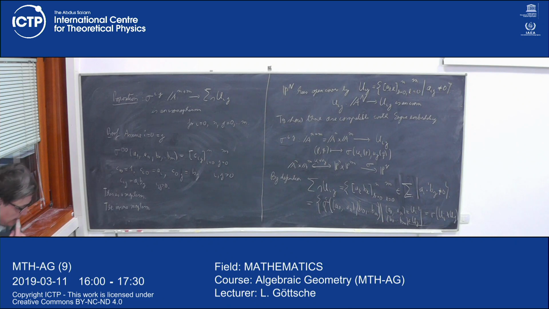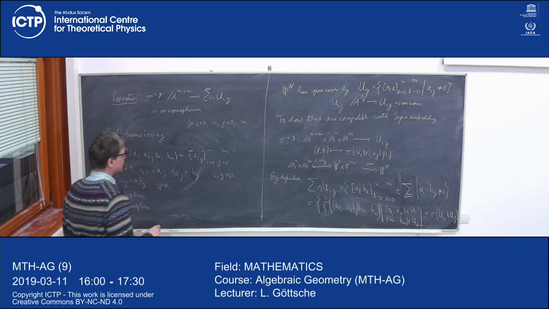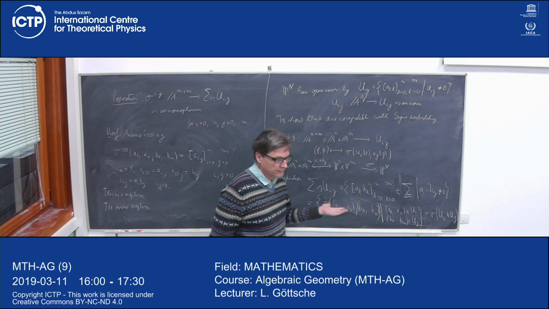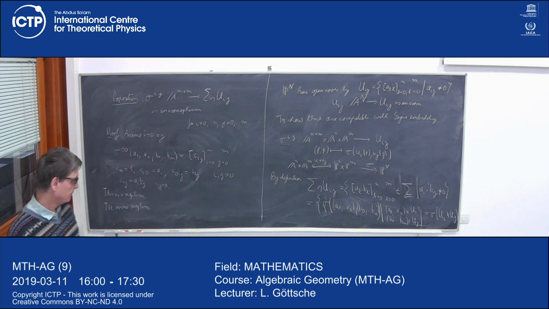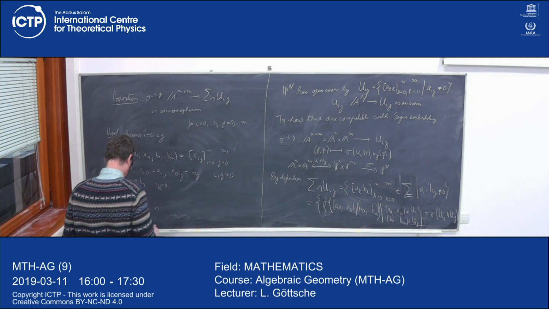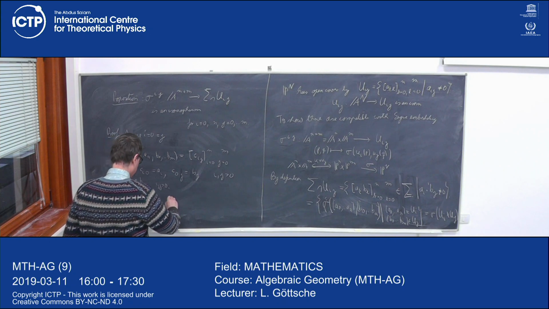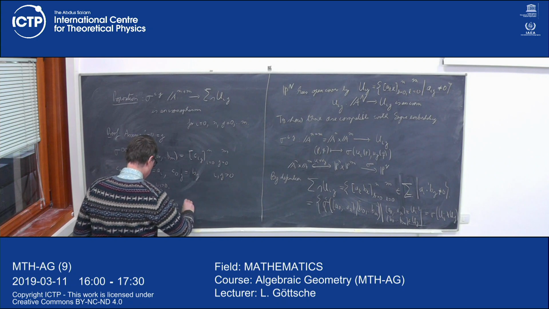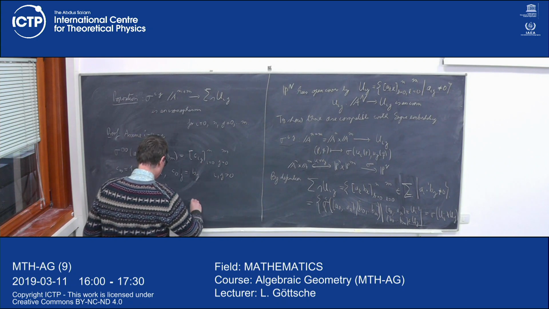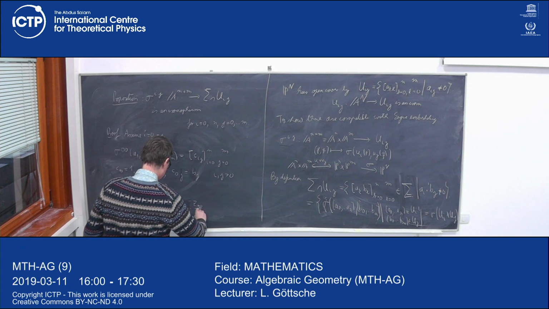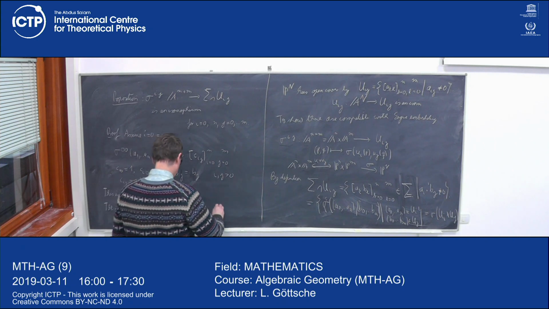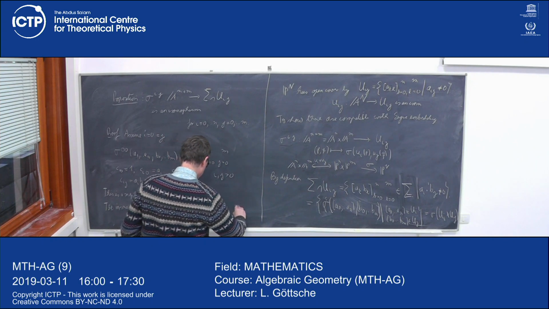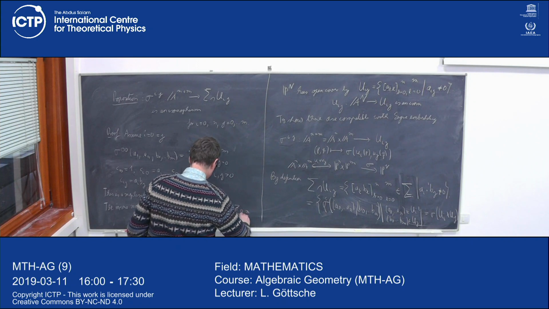I want to see it's an isomorphism, and I just say, if I call the coordinates on this large P^N Zij, then this is given by Z10 divided by Z00 until Zn0 divided by Z00, and then Z01 divided by Z00 until Z0m divided by Z00.